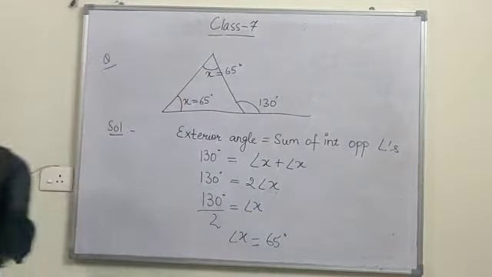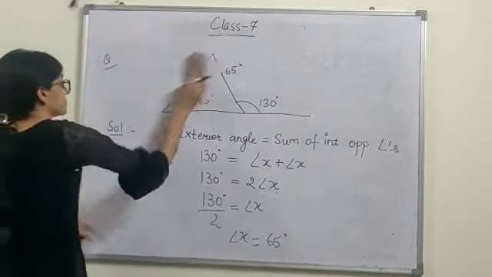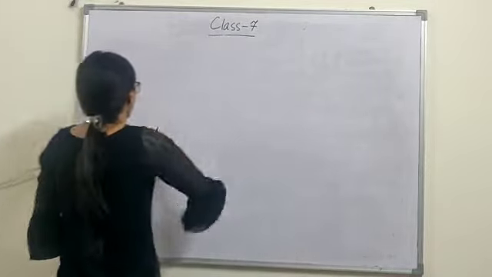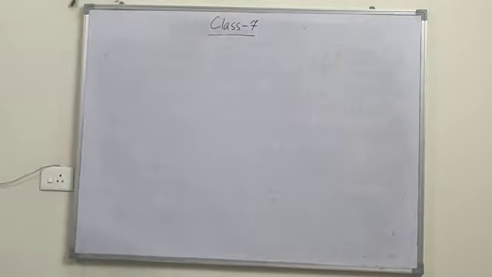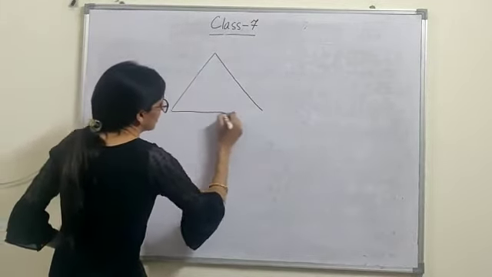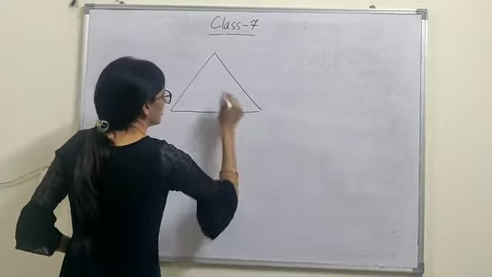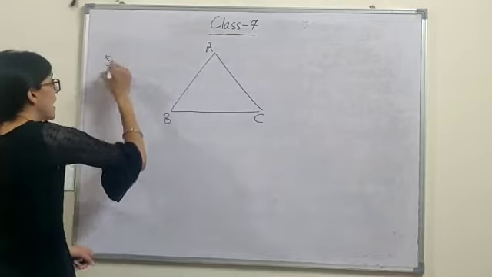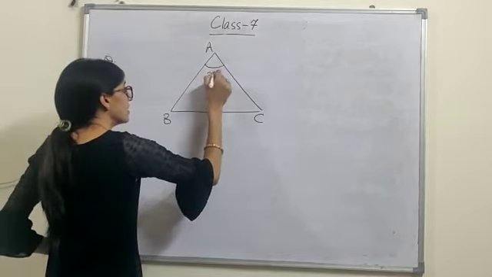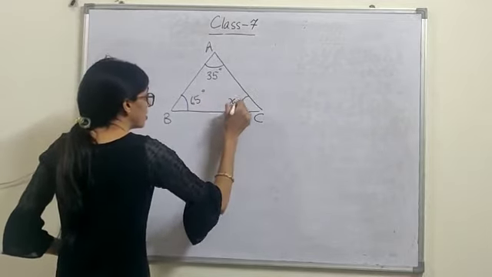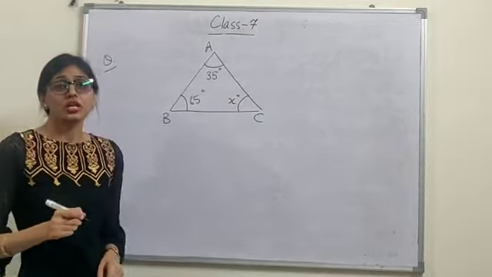Now the next question is, the two interior angles of a triangle are... A, B, C is a triangle given to you, and the two interior angles are 35 degrees and 65 degrees, and you have to find out the third angle which is not given to us.